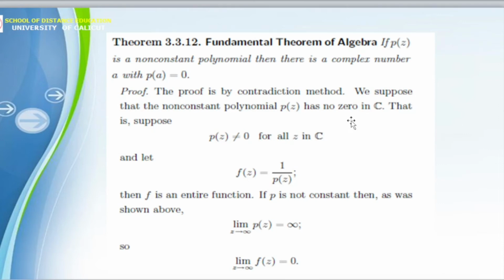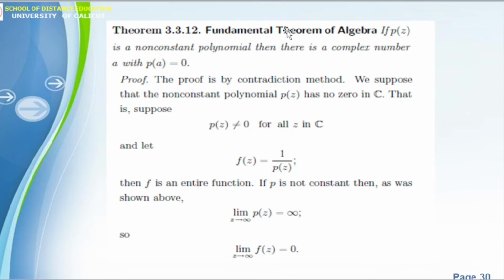Next is another important theorem, the fundamental theorem of algebra. If p of z is a non-constant polynomial, then there is a complex number a with p of a equal to 0.